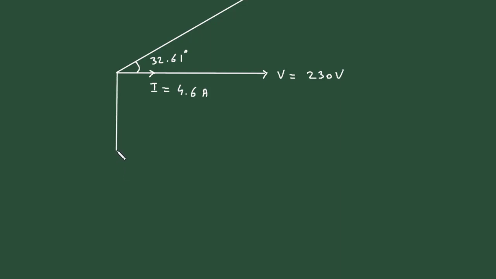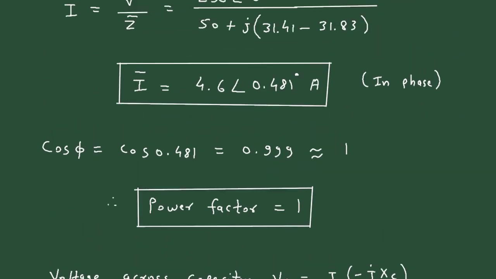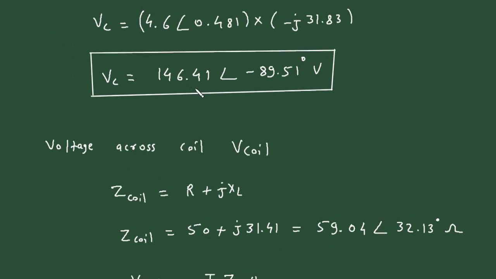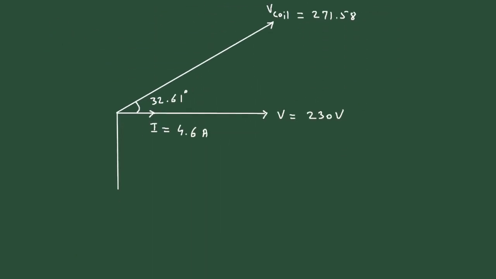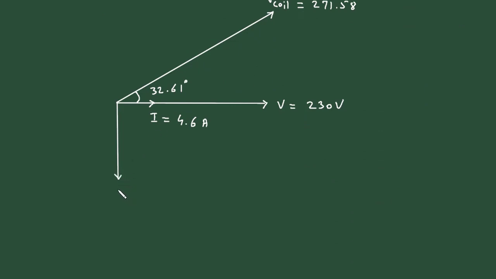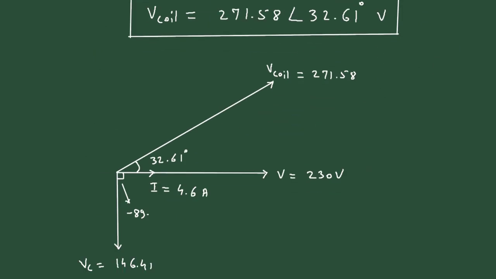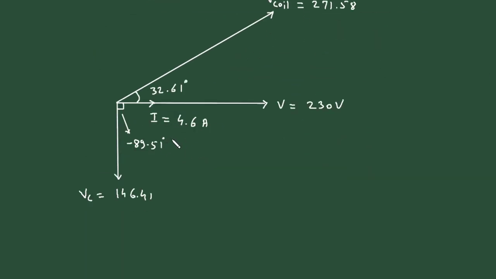The value is 146.41, VC is equal to 146.41 at an angle minus 89.51 degree.